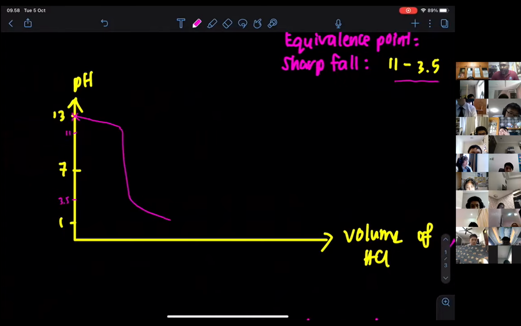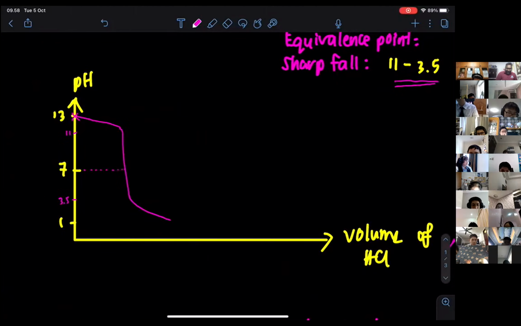Now what we can do over here, based on this sharp fall, if you look at the midpoint of this, it is what we call the equivalence point. And what is the equivalence point? The equivalence point for strong acid and strong base is going to be at 7.